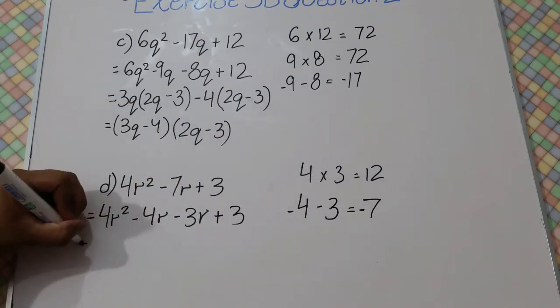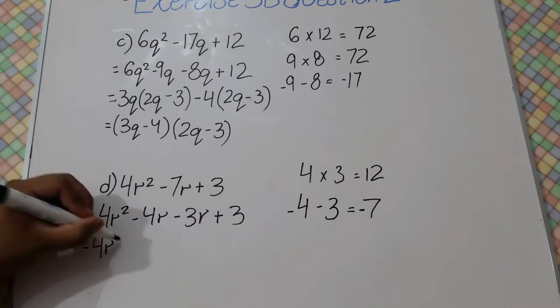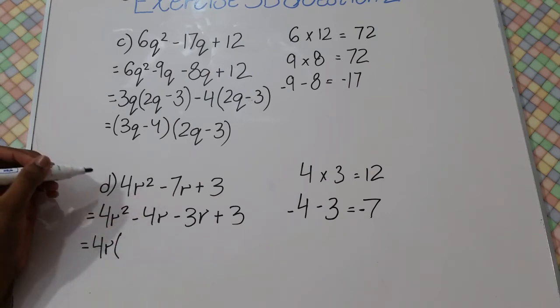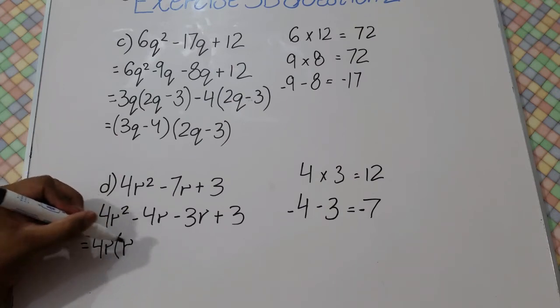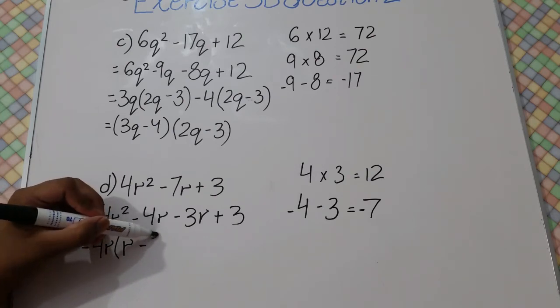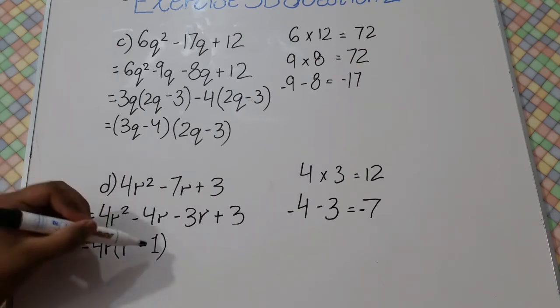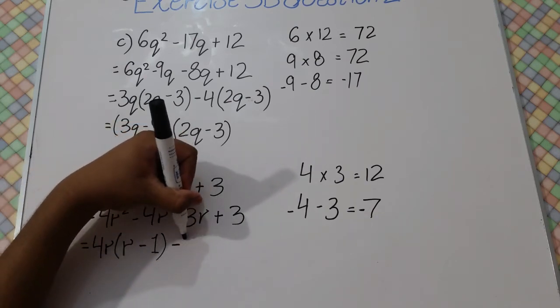Fair? Now I'm going to take the common. Over here the common would be 4r. As you know, r is also the common, but now we are going to write r. 4r multiplied by r is 4r square minus 1. 4r multiplied by 1 is 4r. Now minus 3.